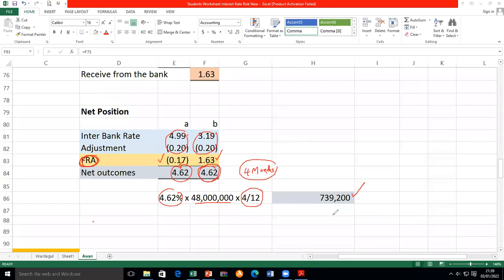So this is how a forward rate agreement works. Are there any questions?